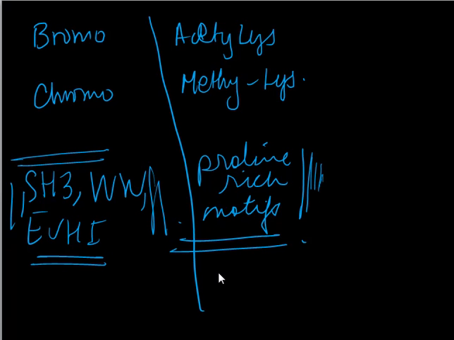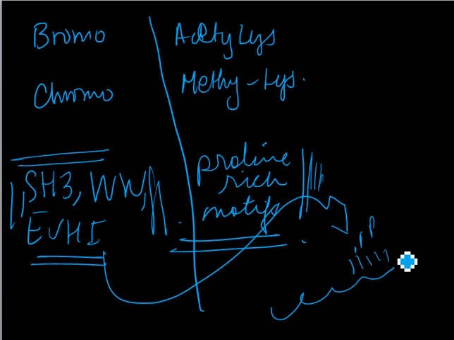So anytime there's a polypeptide with lots of prolines together, any of these domains will recognize that and bind to it. So SH3, WW, and EVH1. So that finishes our families of domains, and now we'll talk about modular organization.